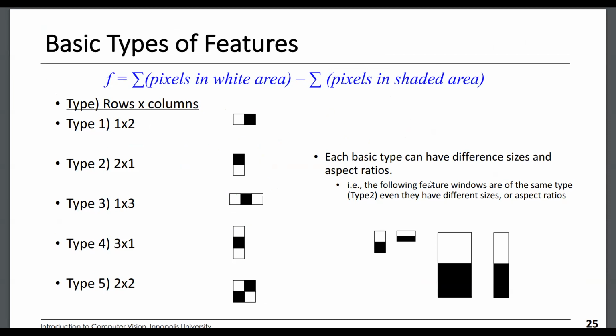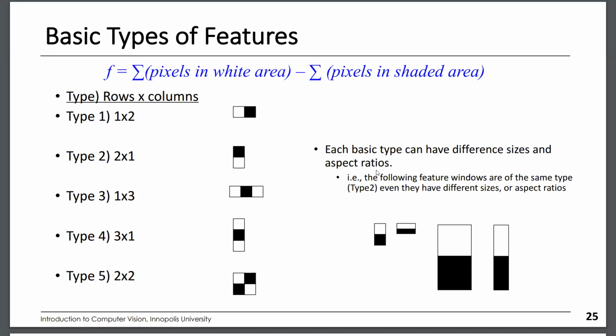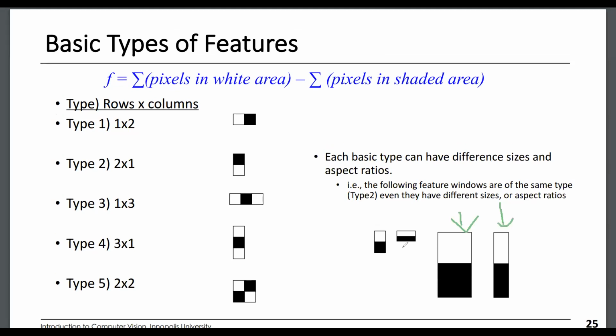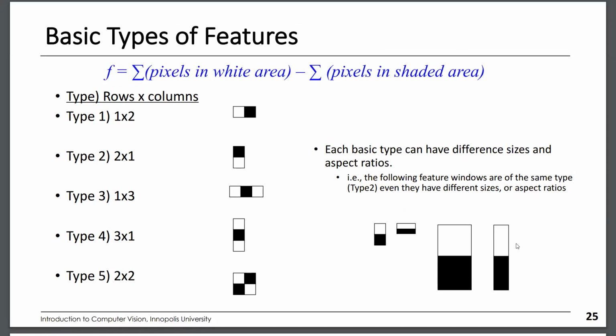Each basic type can have different sizes and different aspect ratios, as we said, and the following feature windows are the same type too, even if they have different sizes or different aspect ratios. So different sizes means big, or more on the flatter area, or here more on the thinner area. So this is what aspect ratio is. Similar to what we were seeing in anchors before.